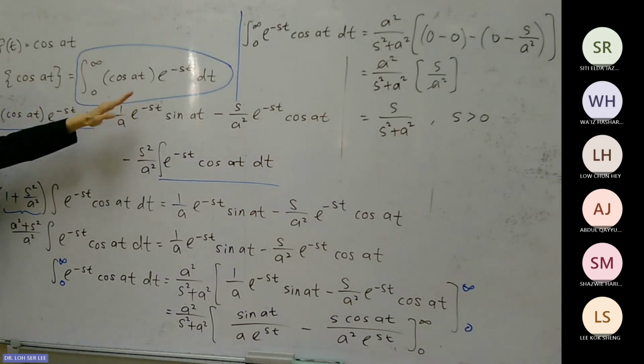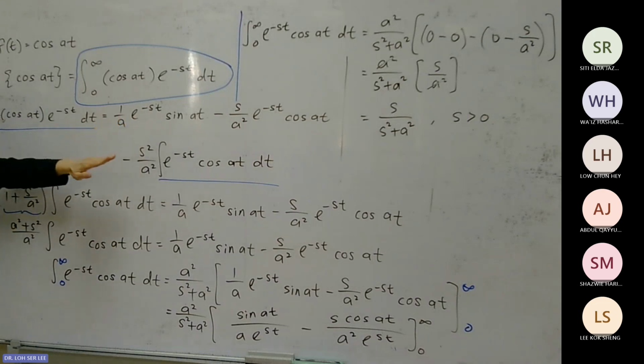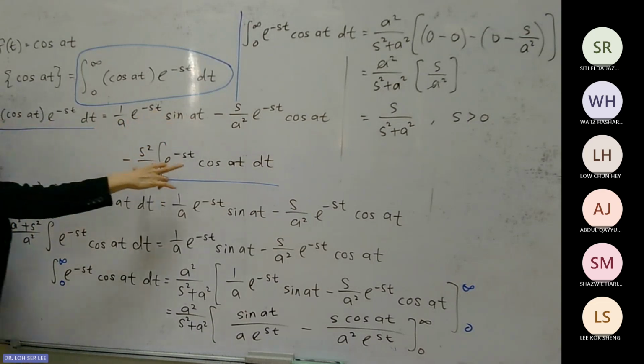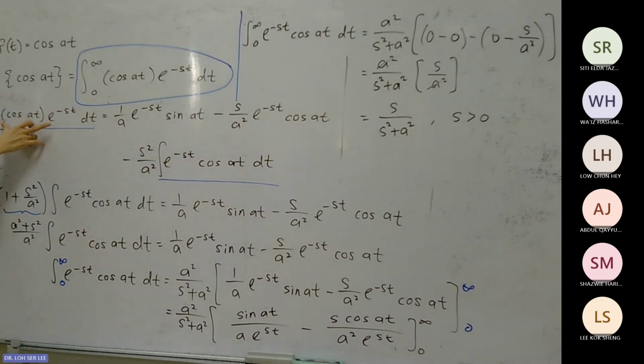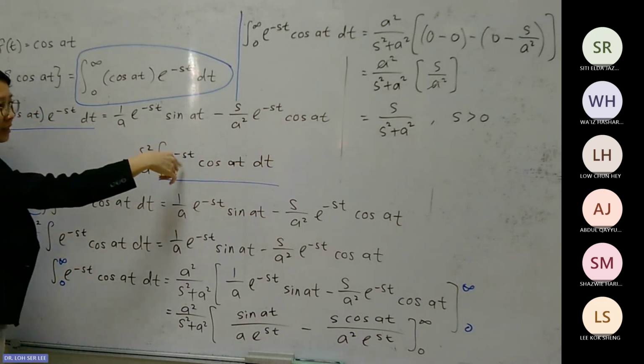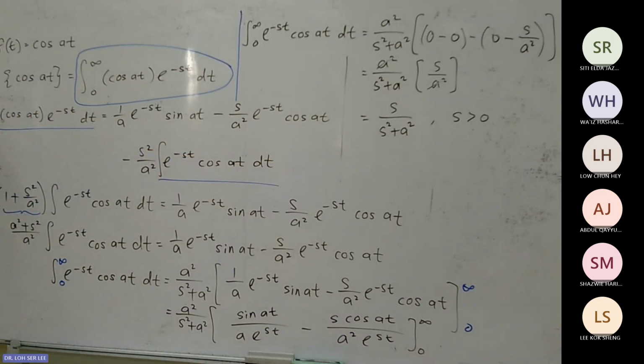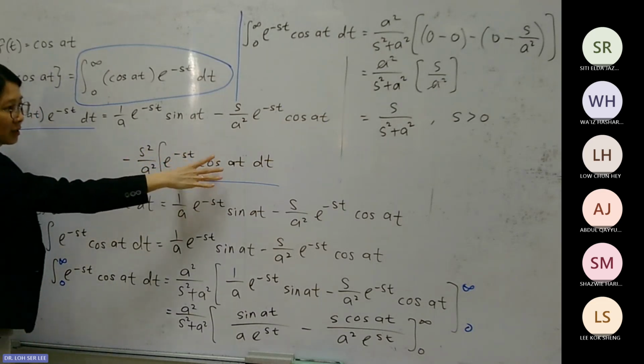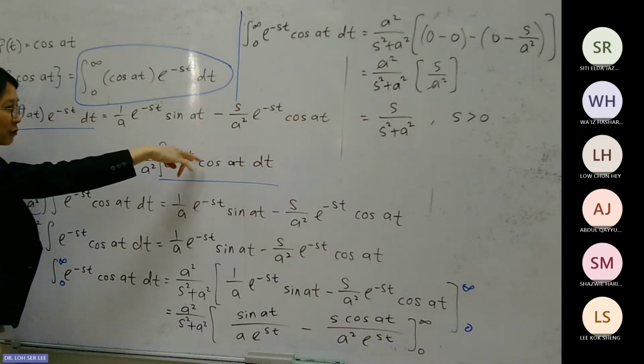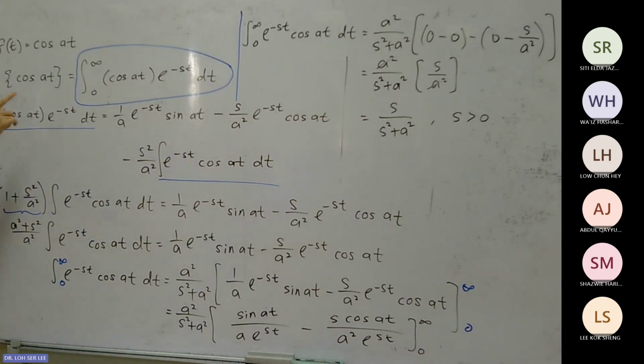After you solve using the tabular method, you get these 3 terms, and you found that this term is actually exactly the same as this. So we move this last term to the left. So this is 1 times this. This is s squared over a squared times this. There's a minus here, so when we move this to the left, you have 1 plus s squared over a squared here.